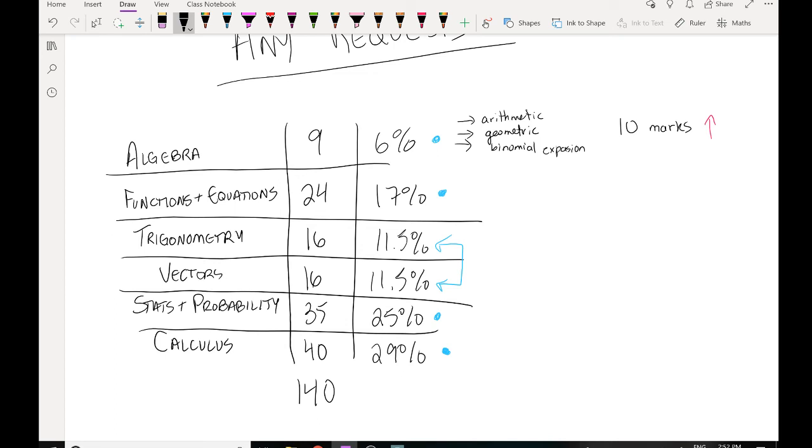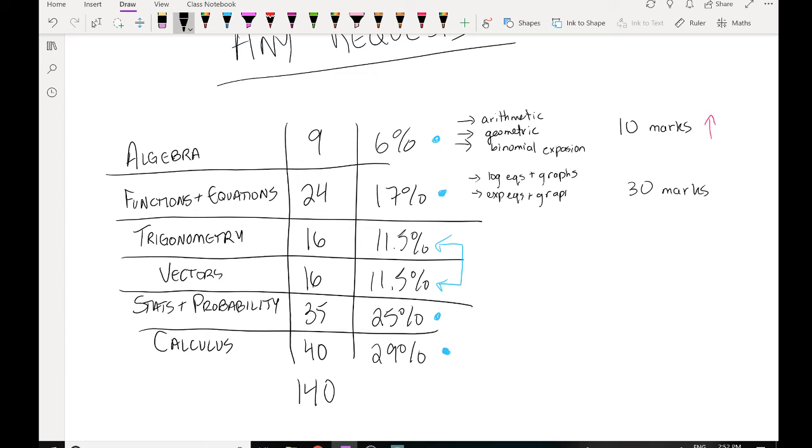Based on it being 17% of the exam, you would expect roughly 30 marks are connected to just the functions ideas. So log equations and graphs, exponential equations and graphs.